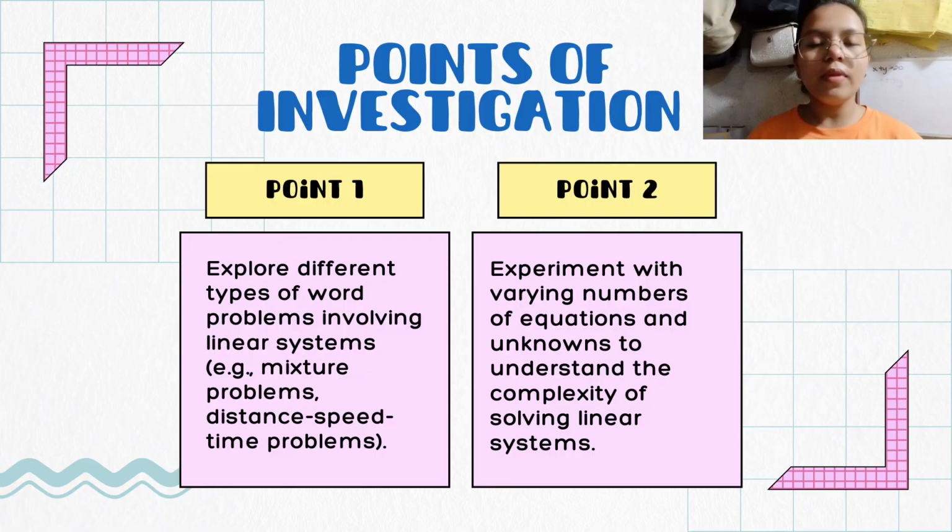For the points of our investigation, we have point 1, where in this topic we explore different types of word problems involving linear systems, such as what we have as examples earlier: the mixture problems and the distance, time, and speed.